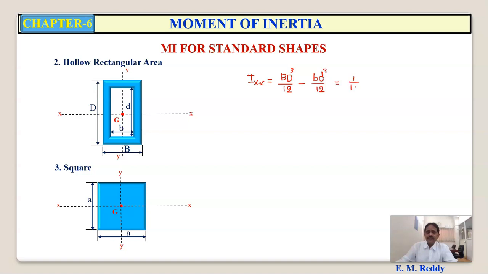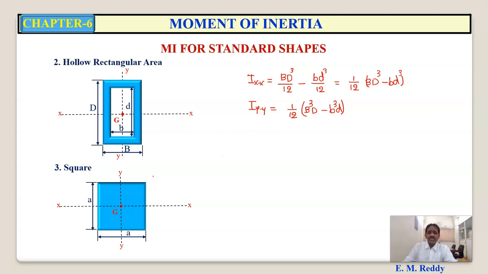So it is 1 by 12 into capital B D cube minus small b d cube. Okay. Similarly, what is the moment of inertia about the centroidal y-axis for this hollow section? 1 by 12 into B cube D minus small b cube d about the y-axis.